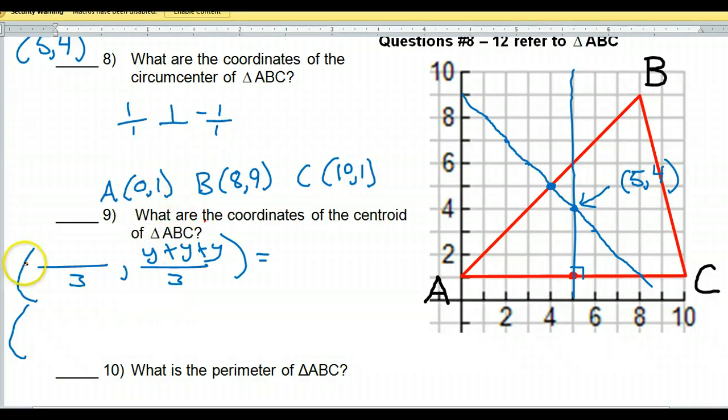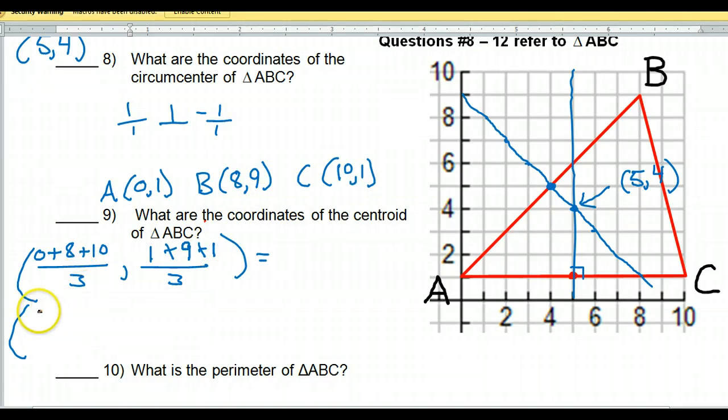So the average of the x's: x plus x plus x, so that's 0 plus 8 plus 10. And then y plus y plus y, so that's 1 plus 9 plus 1.